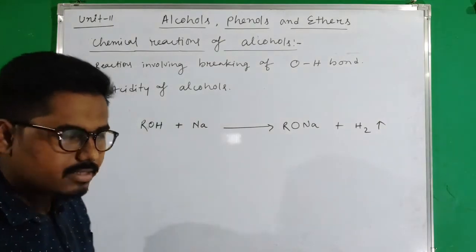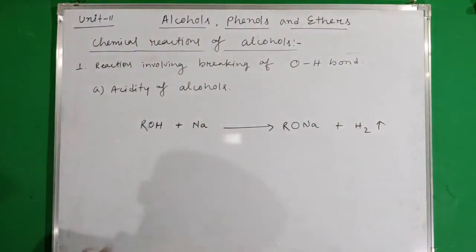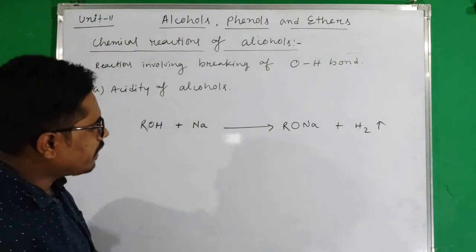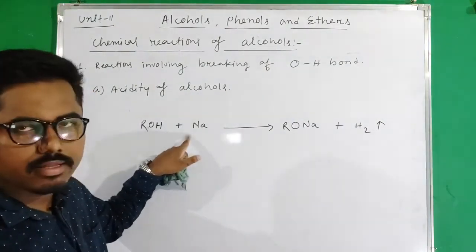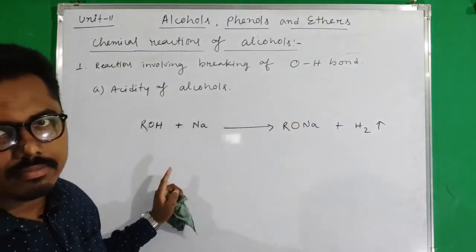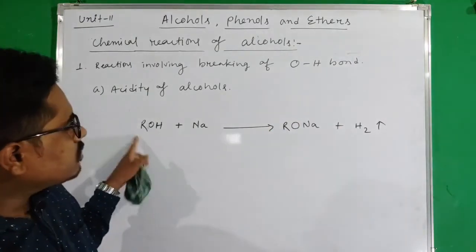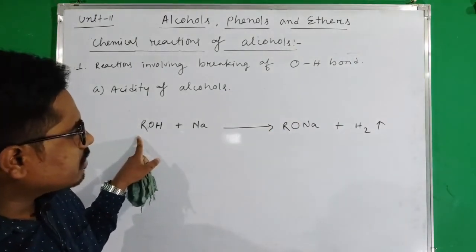We already know that when an acid reacts with metal, then salt and hydrogen gas are formed. So alcohol is showing the properties of an acid.